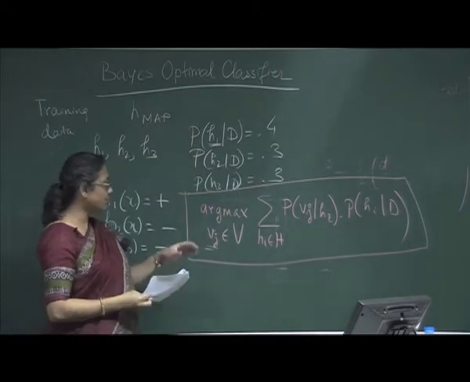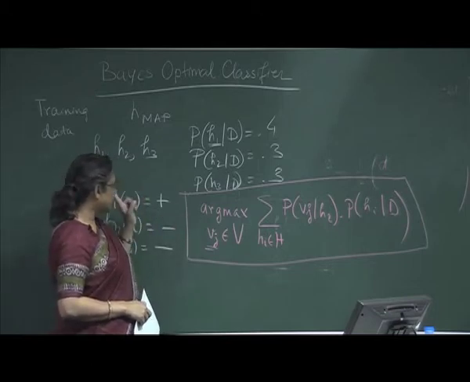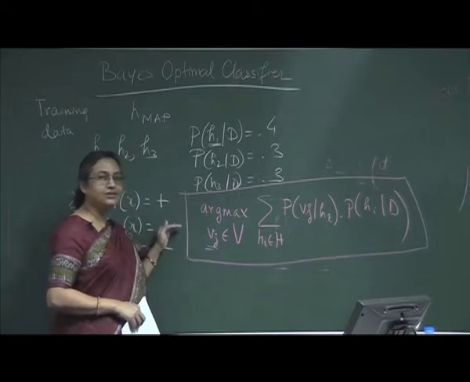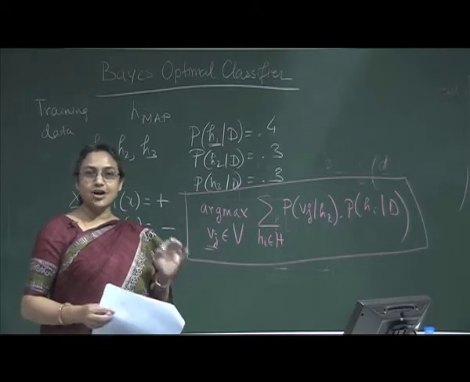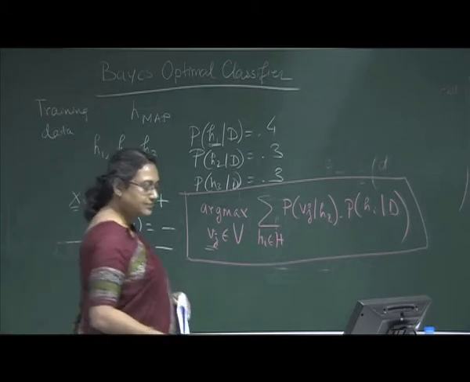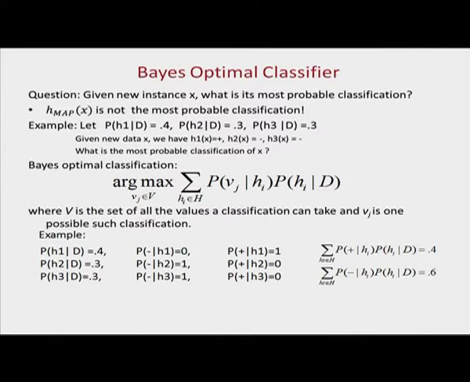In order to find the Bayes optimal classification for a test instance, you have to apply all the possible hypotheses on that test instance. This is the optimal classifier, but it turns out to be intractable. We can quickly look at the slide here. The Bayes optimal classification is given by that Vj for which the sum over H in capital H is maximum.